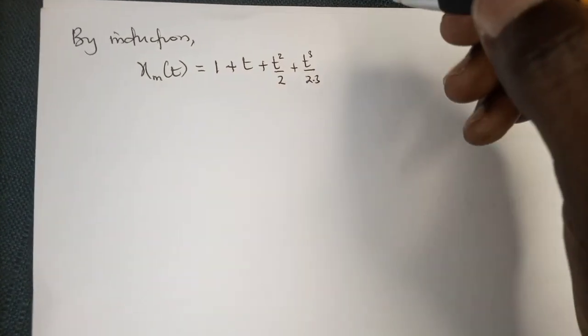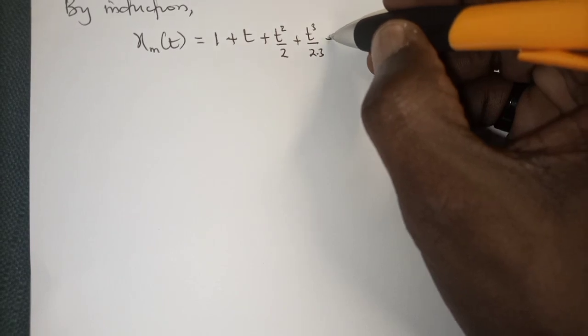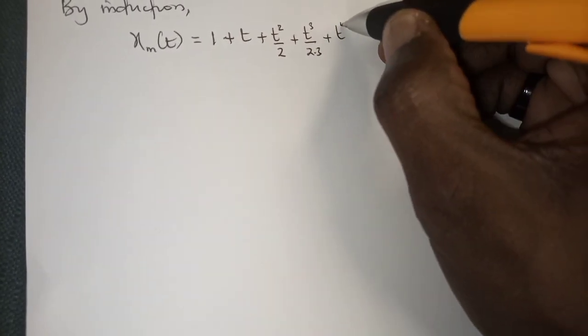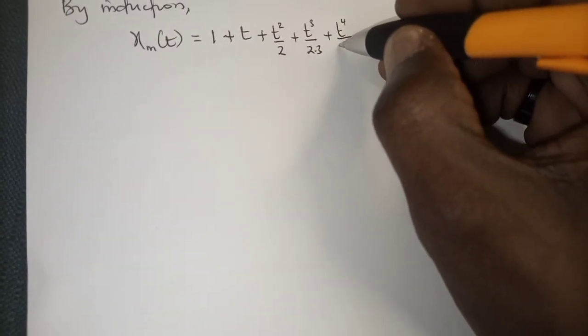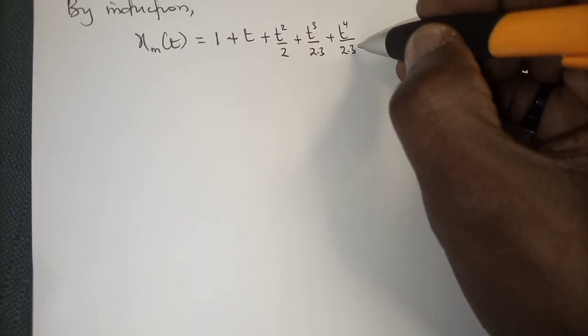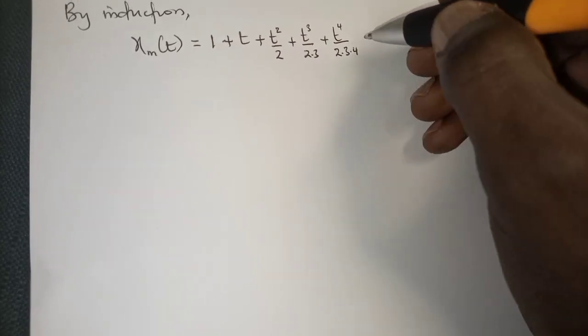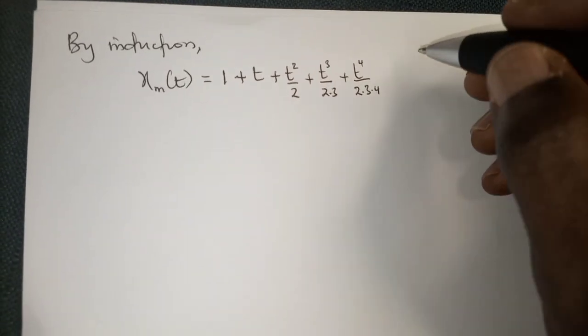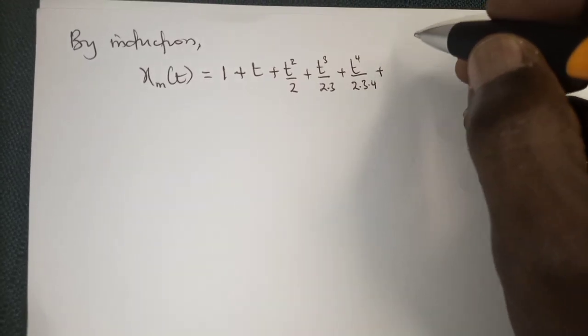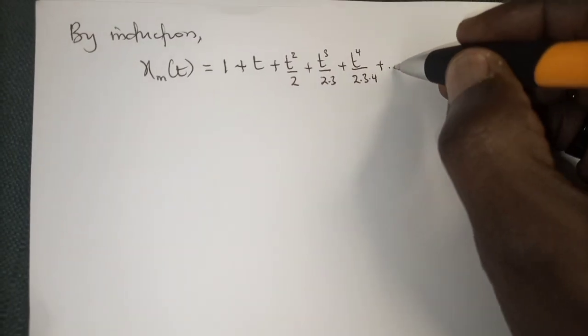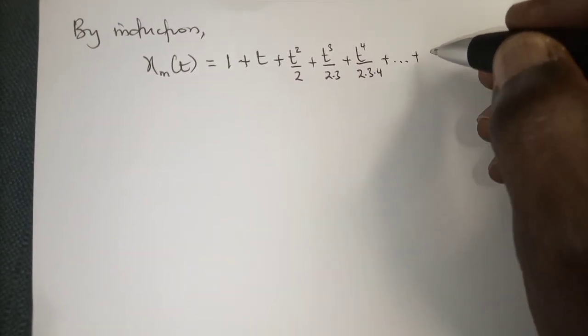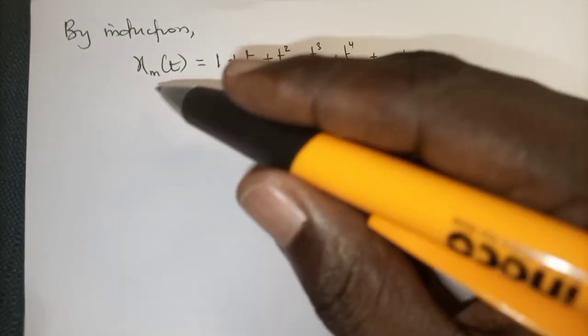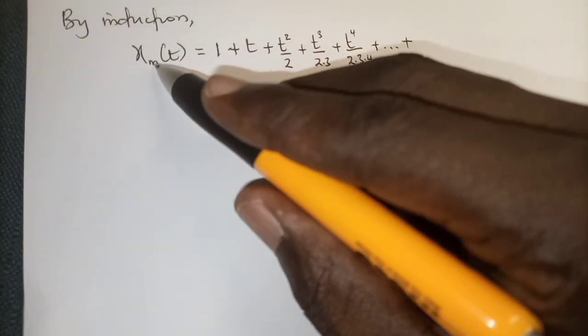So that means that the next one will also be t exponent 4 on 2 times 3 times 4. You may try and see. So it will continue like that till where we have the m.